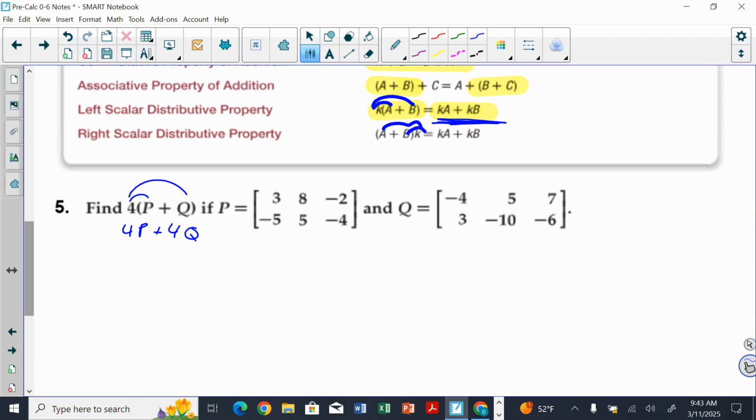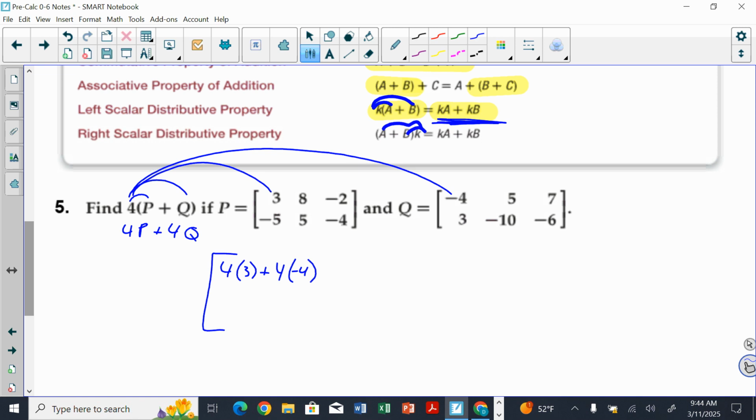So when I do these matrices here, I'm going to write this one out in terms of a very large matrix. So basically 4 times 3, but then plus the 4 times 3 and plus the 4 times the -4. We're going to keep doing that. So 4 times 3 and then 4 times -4.